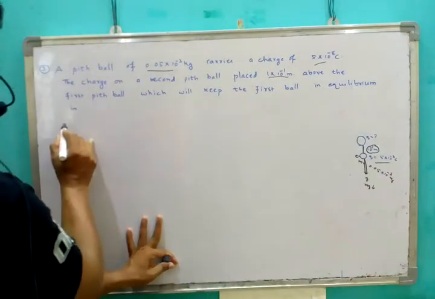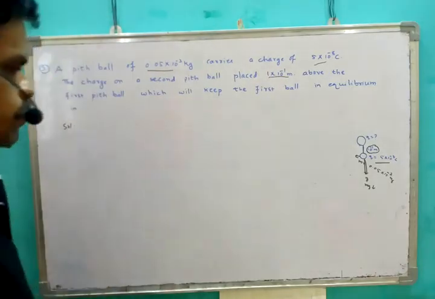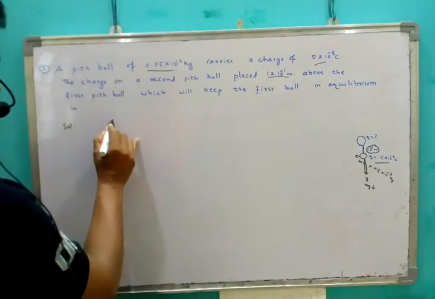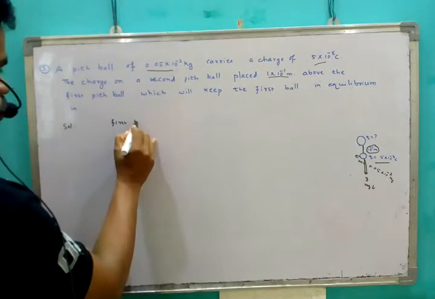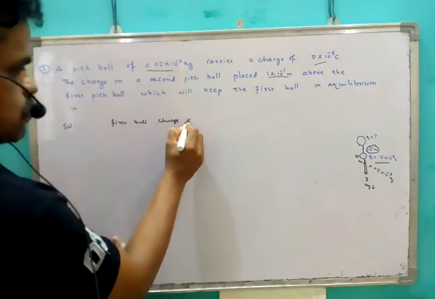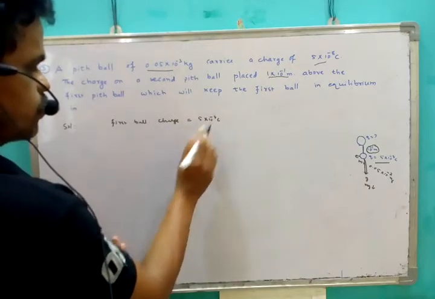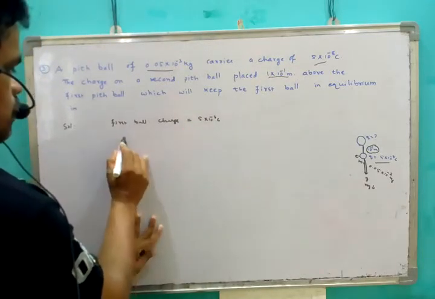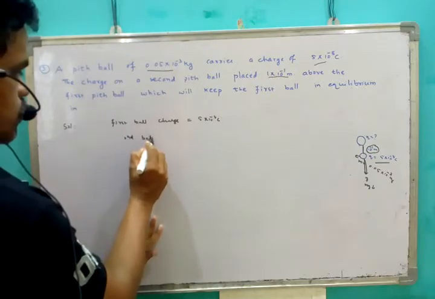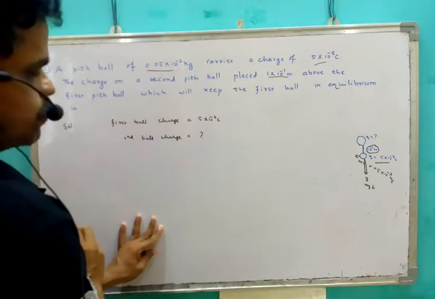So we are moving to the solution here. First ball charge is equal to 5 × 10^-8 coulomb. Second ball charge, we don't know.